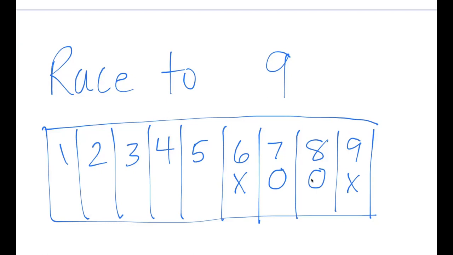And then working backwards from there, if you want to get 6, then you'll want to get 3, right? Because as long as you get 3, if they take 4, then you take 5 and 6. Or if they take 4 and 5, then you just take 6. Right? And then once you have 6, you know you can get to 9. Okay, so we know if we get 3, we win.